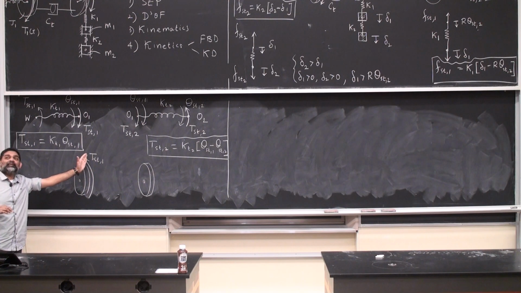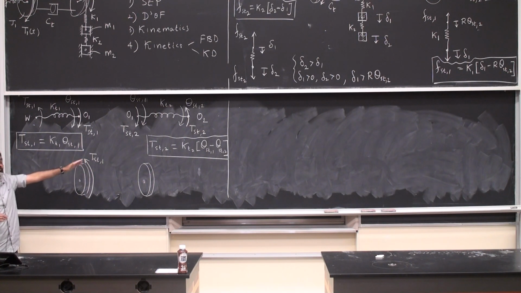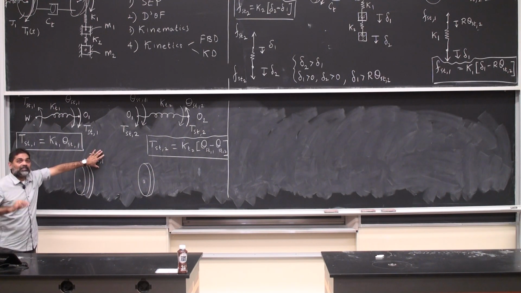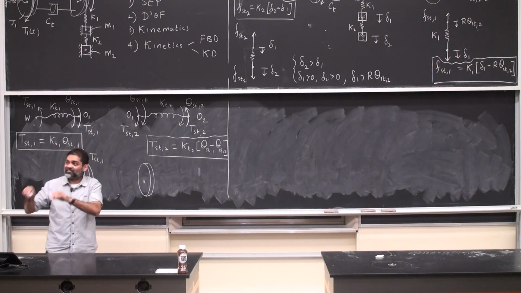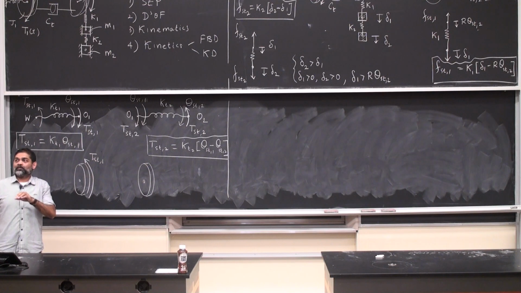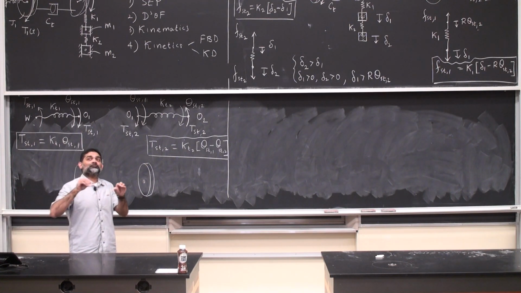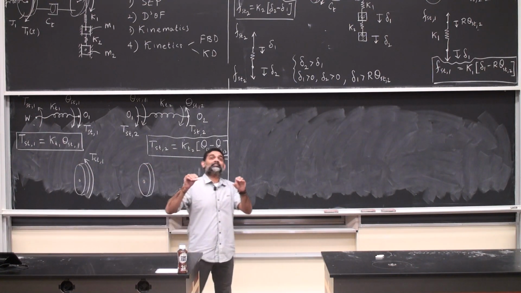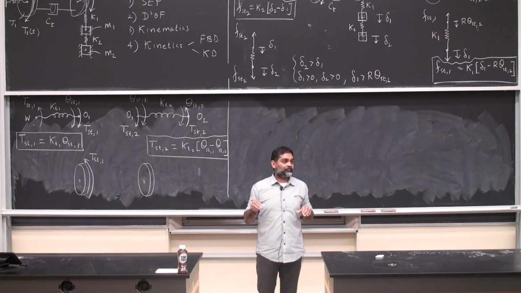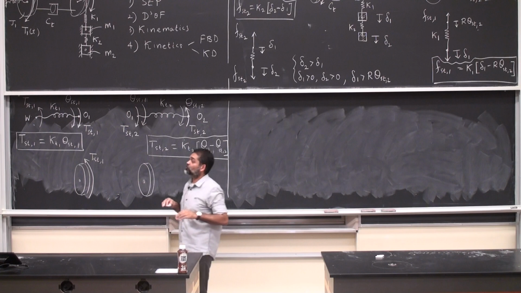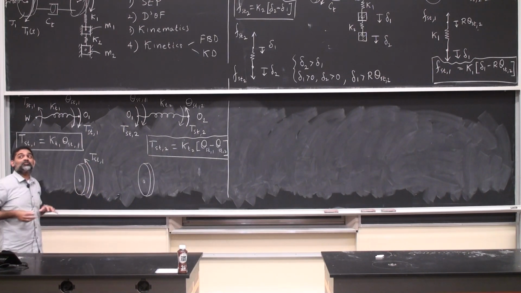That's the name for it. So this torque that you see here is the effect of the spring on the body, and that's the restoring effect. The torque or the force that you see on the spring is the force or the torque exerted by the masses on the springs or the dampers. That's not the restoring torque or the restoring force, but their magnitudes are the same.